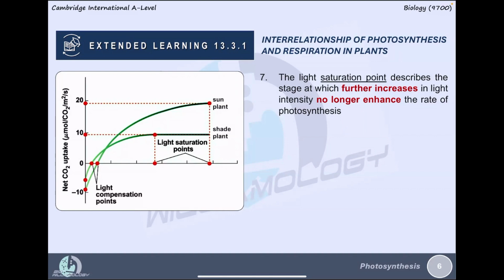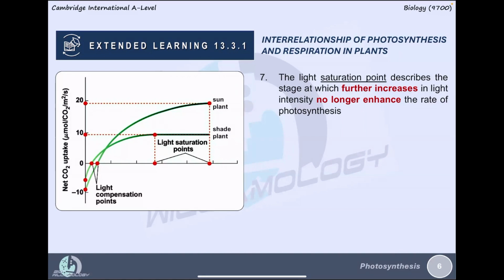Why? Because if we supply additional light energy beyond or at this light saturation point, this won't help the plants to carry out higher rates of photosynthesis, because at light saturation point, other factors may act as limiting factors.